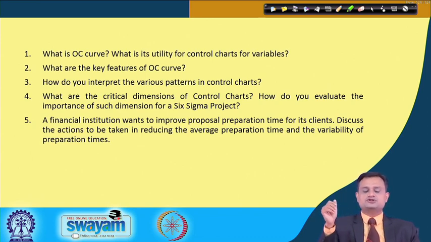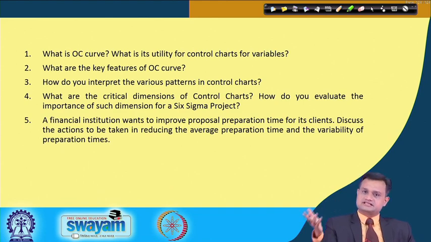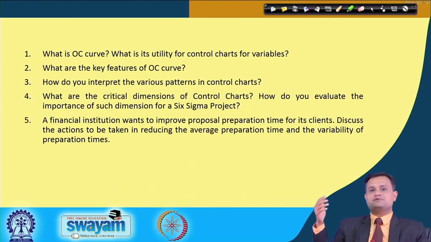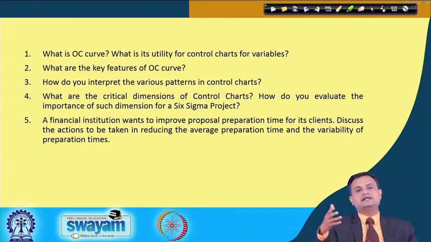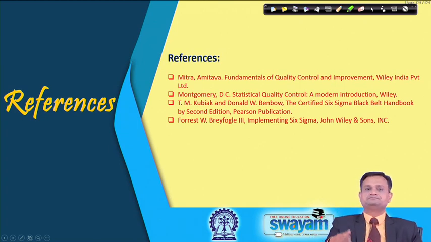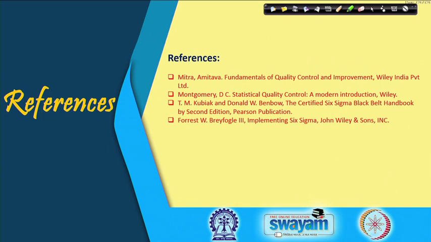A financial institution wants to improve proposal preparation time for its client. Discuss the actions to be taken in reducing the average preparation time and the variability of the preparation times.